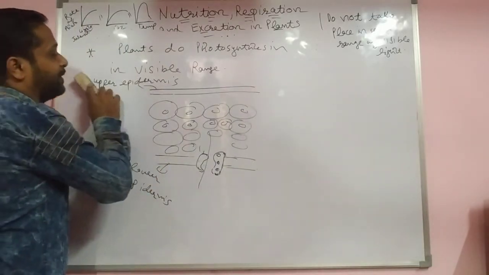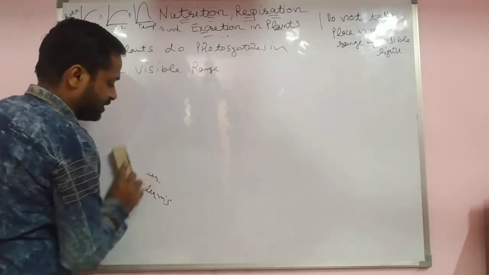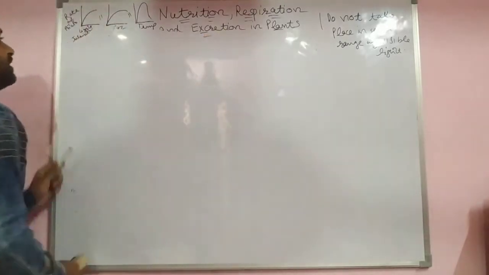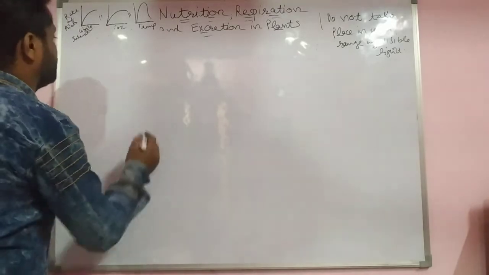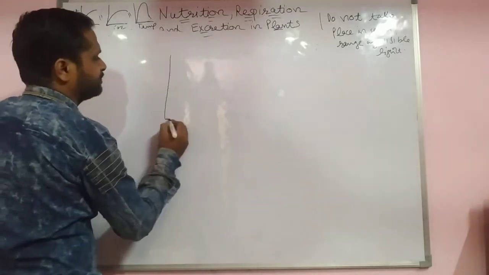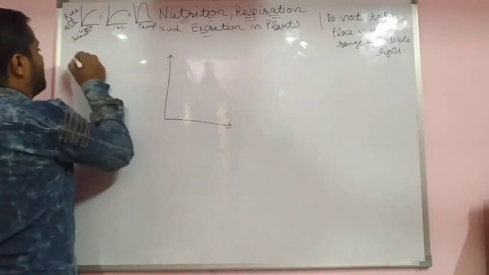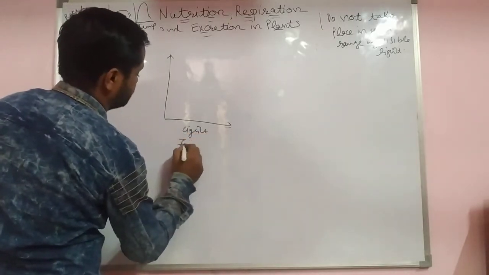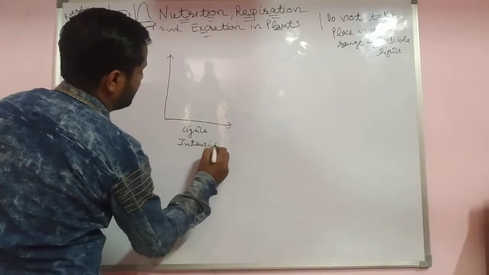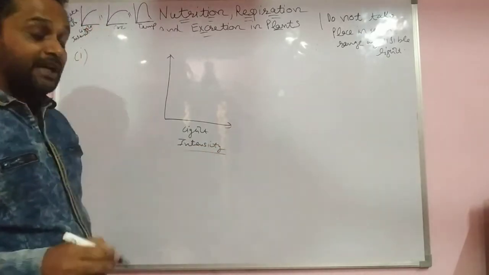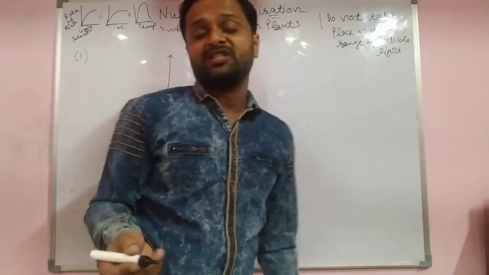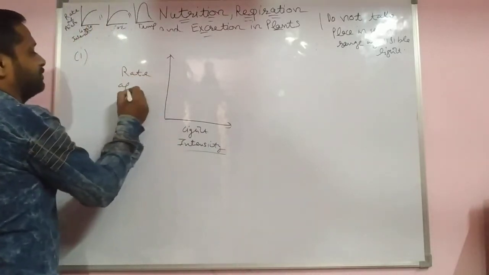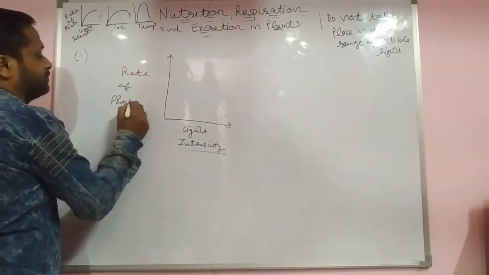Lower epidermis, upper epidermis. Now we see some graphs. On which factors does the rate of photosynthesis depend? Yes, the first graph is with light intensity. It means it depends upon the intensity of light. If the intensity of light is more, then photosynthesis is more. Keep in mind, students, rate of photosynthesis.